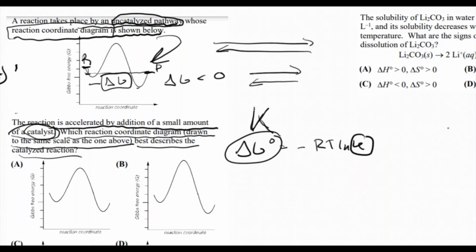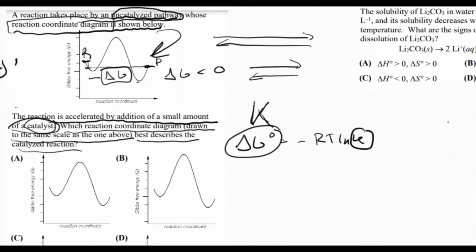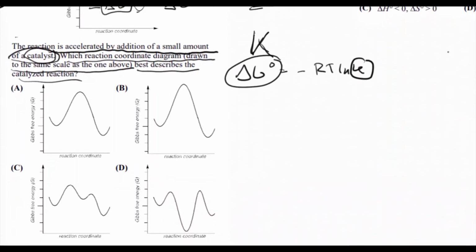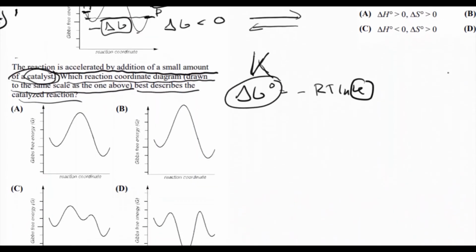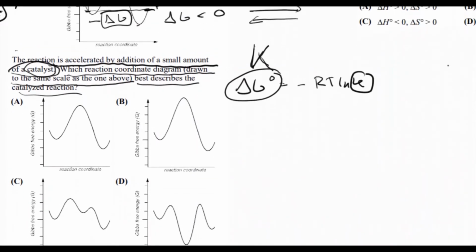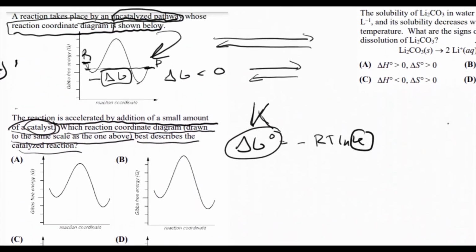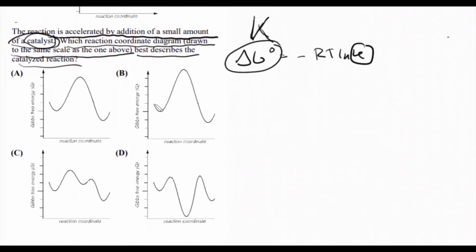So adding catalyst will not change the delta G. That was the point. So we have to cross out the answers where the delta G changes. So it looks like for all of these, the delta G goes from higher to lower. So all of these have a negative delta G, which is great.